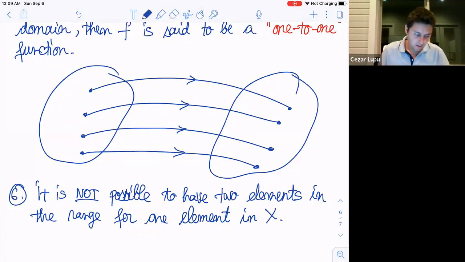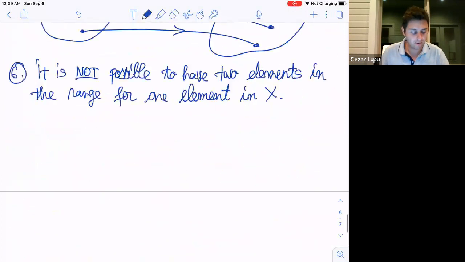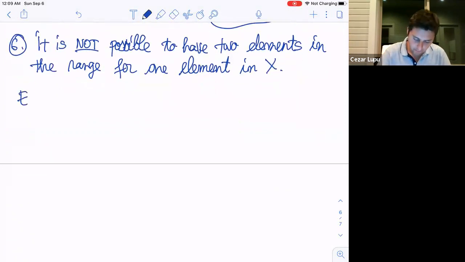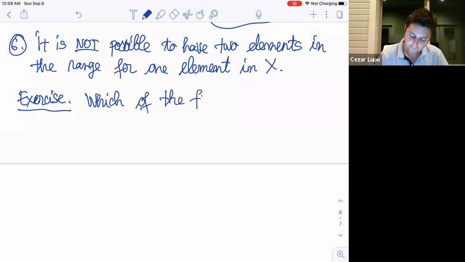Anyway, let's see some exercises because I want you to identify some functions. So the question is the following: which of the following are functions?